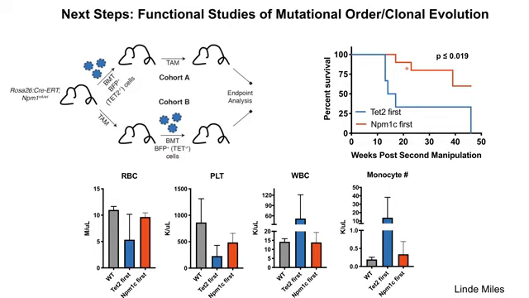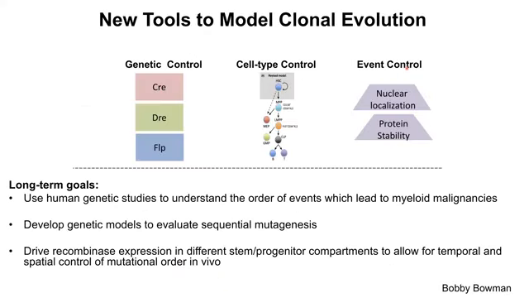And we think that going back to the lab to understand whether order matters allows you to ask very interesting questions about epigenetic effects. Do specific mutations license other mutations? Are there specific reasons, or cell types, for which order matters? And lots to say on that. But ultimately, to do that, you need a new toolbox. And so what we've decided to do in the lab is to develop new tools where we can engineer mutations with different genetic control, in different cell types, and ultimately using different inducible markers.